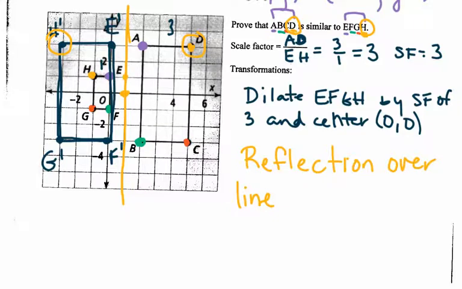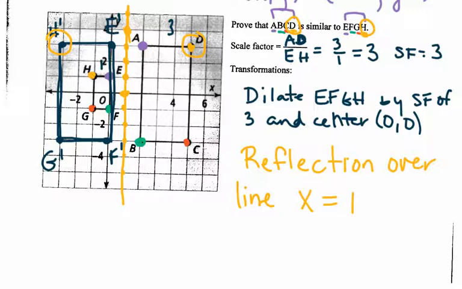And here the x value is 1, and here the x value is 1. So the line, when it's vertical, is x equals whatever number it crosses the x-axis at. So x equals 1. That is my proof that ABCD is similar to EFGH.